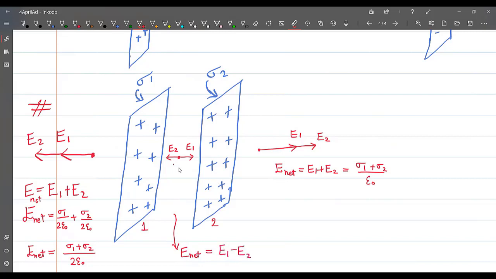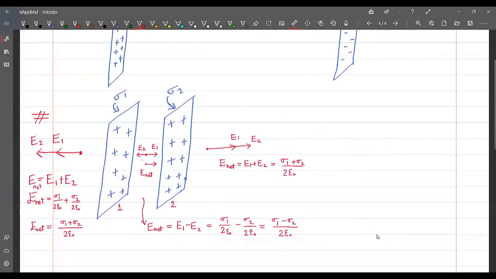If you write E1 minus E2, then of course, you're assuming that E net is in this direction. So in that case, E1 is sigma 1 by 2 epsilon naught. E2 is sigma 2 by 2 epsilon naught. So the net electric field will be sigma 1 minus sigma 2 by 2 epsilon naught.